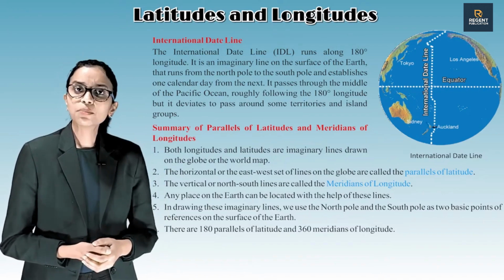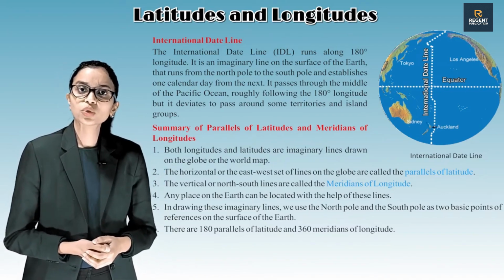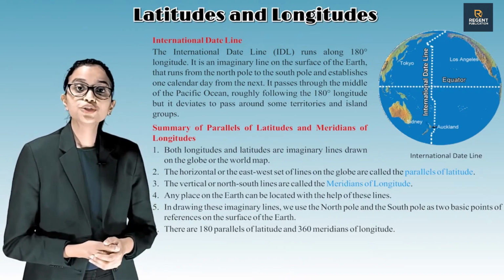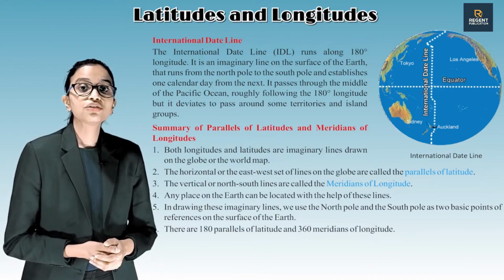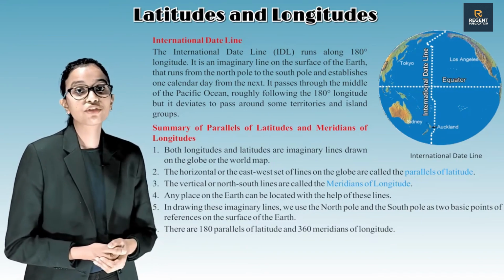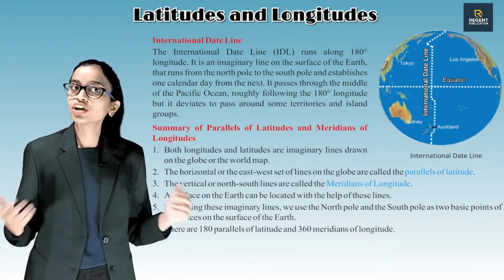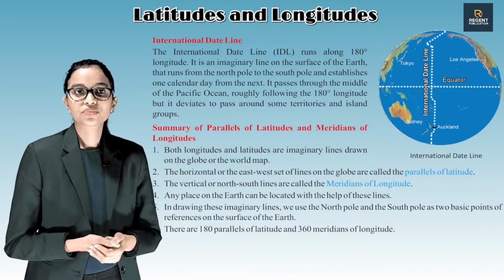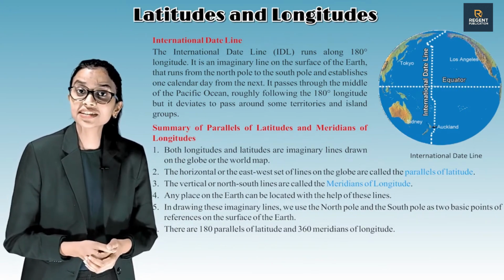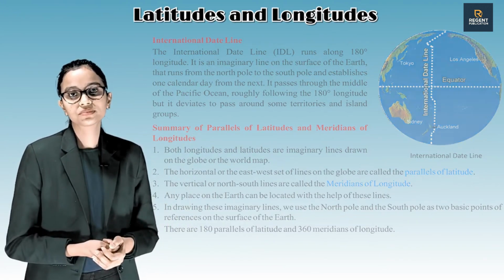Fourth, any place on the earth can be located with the help of these lines. Fifth, in drawing these imaginary lines, we use the North Pole and the South Pole as two basic points of reference on the surface of the earth. Sixth, there are 180 parallels of latitude and 360 meridians of longitude.